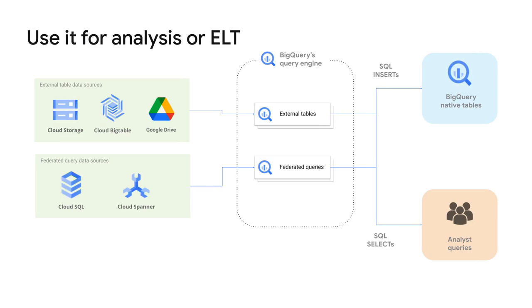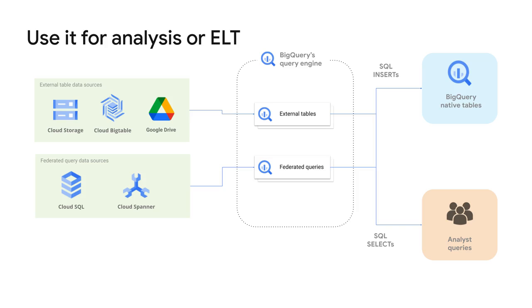Use cases for external data sources include the following: ad hoc queries where performance is not an issue, accessing short-term, less frequently accessed data, accessing constantly changing data, like from a Google Sheet, or joining BigQuery tables with frequently changing data from an external data source. By querying the external data source directly, you don't need to reload the data into BigQuery storage every time it changes.